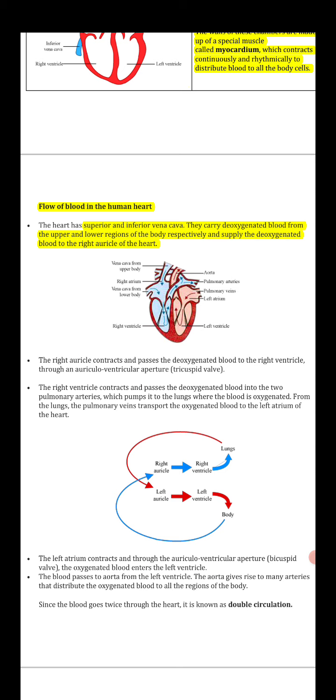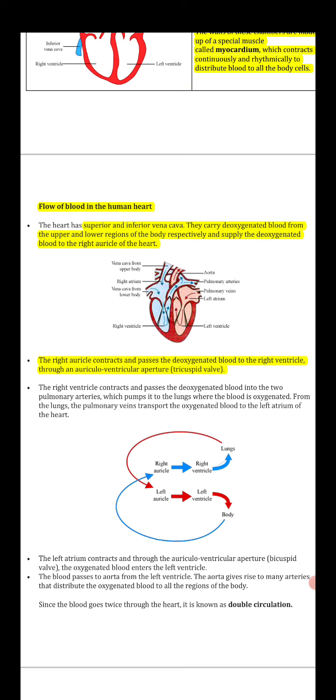After that the right auricle contracts and passes the deoxygenated blood to the right ventricle through an auricular ventricular aperture. The common term for this is the tricuspid valve. We have already discussed that the tricuspid valve helps the blood flow from the auricle to the ventricle.